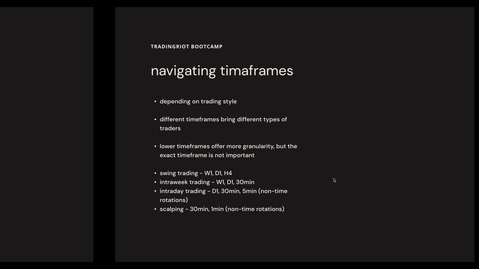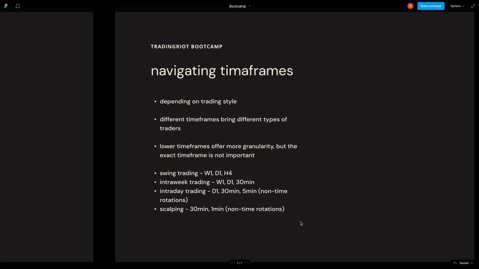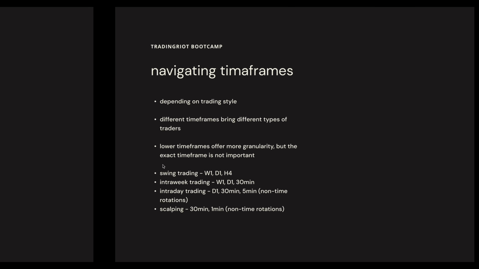The higher one will be for picking out the levels from which you will be trading, and the lowest one will be for execution. We will cover this a little later on, but this is a framework you will have to get familiar with, using multiple time frame analysis. Okay, so let's jump into the order flow.